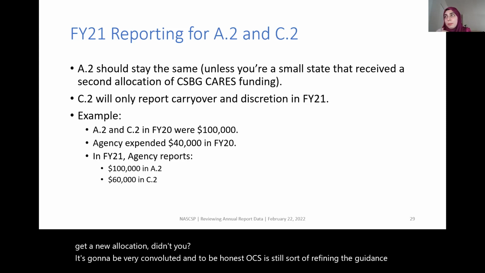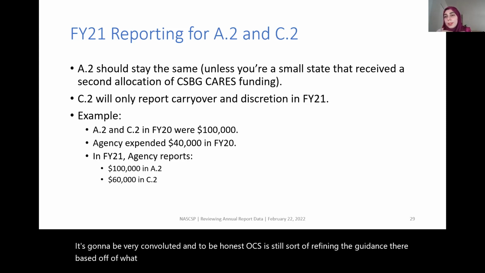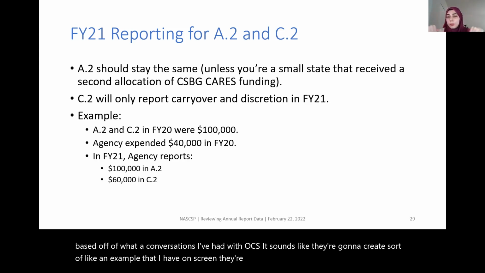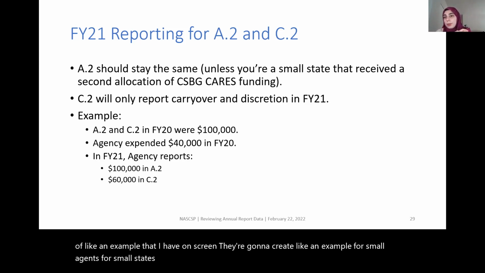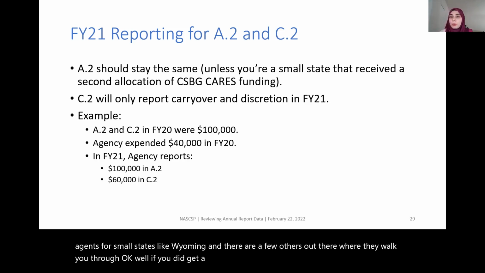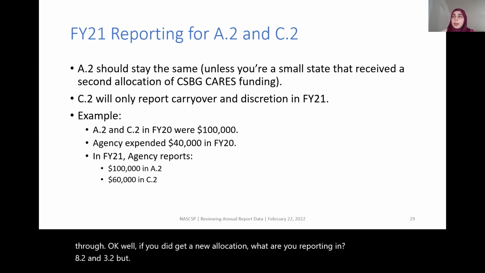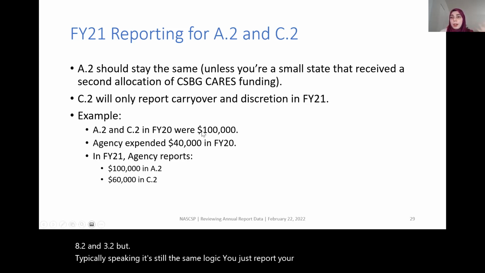Based off of what conversations I've had with OCS, it sounds like they're going to create an example for small states like Wyoming, and there are a few others out there, where they walk you through, okay, if you did get a new allocation, what are you reporting in 8.2 and C.2? But typically speaking, it's still the same logic. You just report your full allocation in 8.2 and then your carryover in C.2.